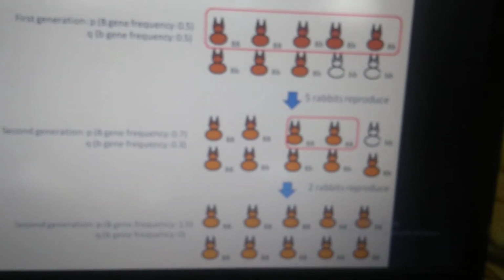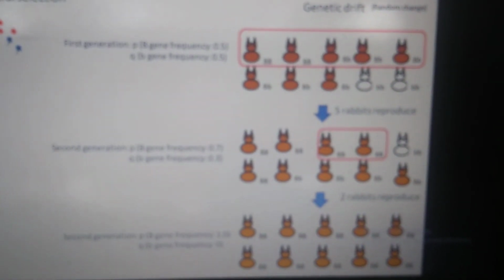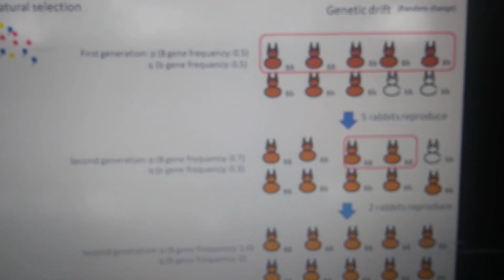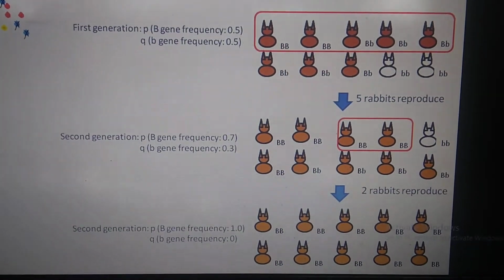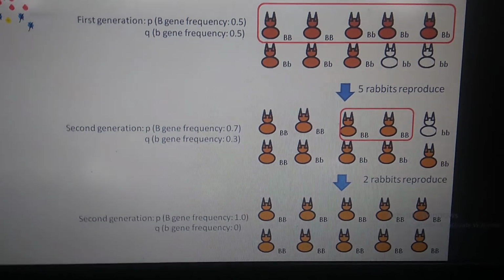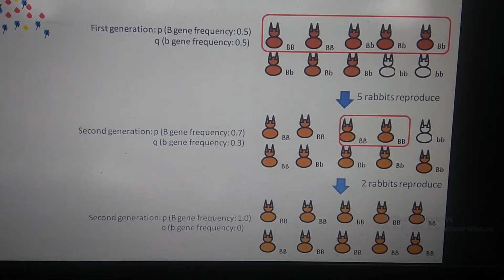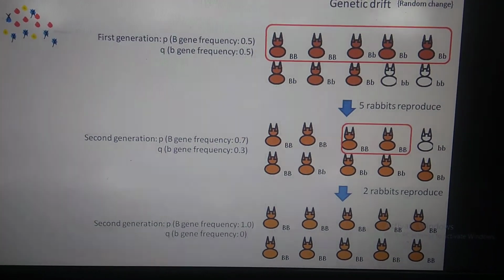So here we can see that in a sudden random change, without any natural selection acting, the frequency of some alleles is suddenly changing, and some alleles are surviving while some are diminishing in the population.